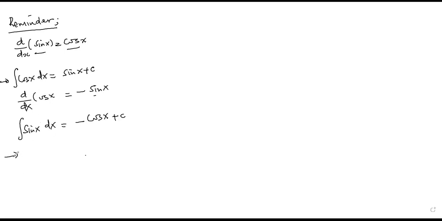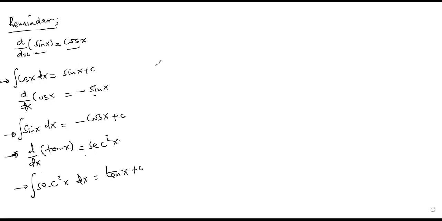Three, when you differentiate tan x, you get sec squared x, implying that when you integrate sec squared x dx, automatically you get tan x plus a constant.